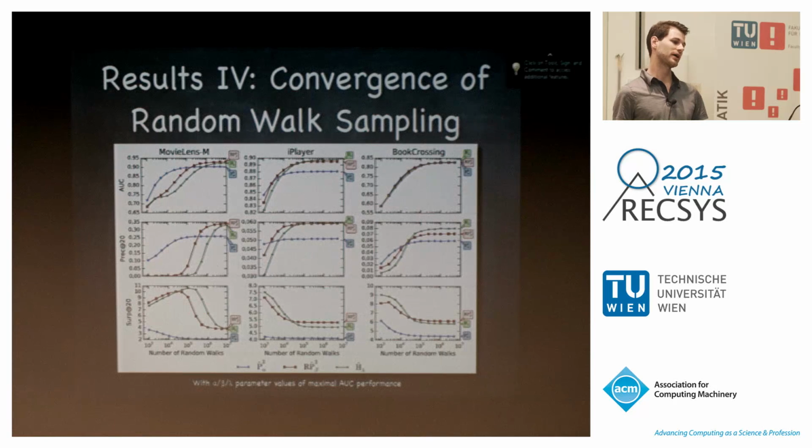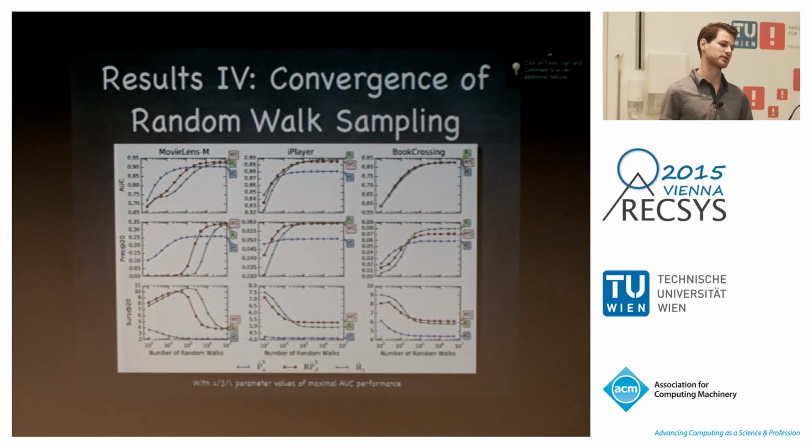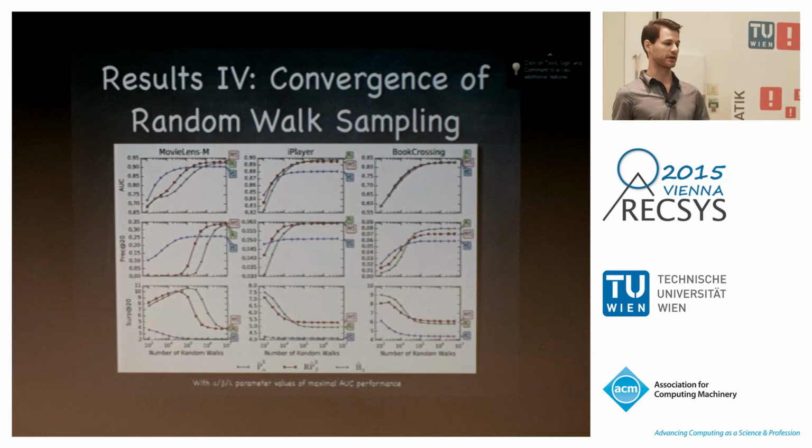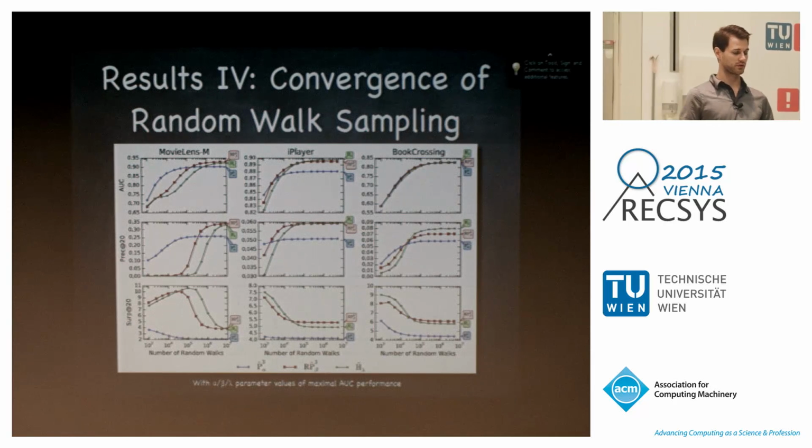For the BookCrossing case, it's not really clear. We would probably choose H lambda if we have sufficient computational resources, because it gets quite good surprisal values, but clearly better precision than RP3 beta. In terms of limited computational resources, it's not really clear what we should choose here.